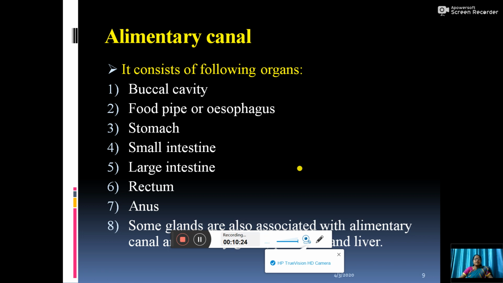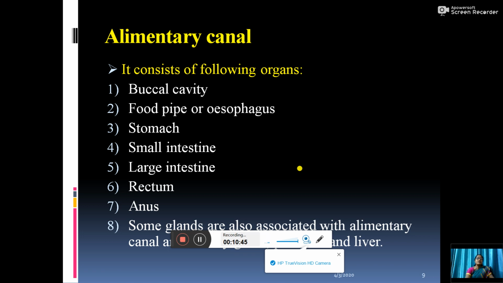What are they? Salivary gland, pancreas, liver. You studied their roles in the previous class, but we will recall them in this topic, one by one.